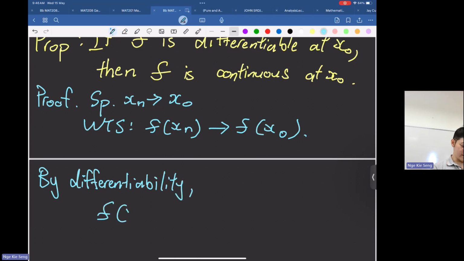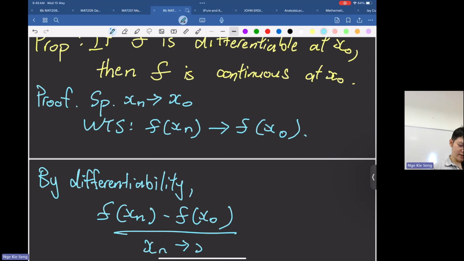The secant function. What does the secant function do? This limit exists, right? This converges to something which we call f prime of x_0. Okay, so this converges.